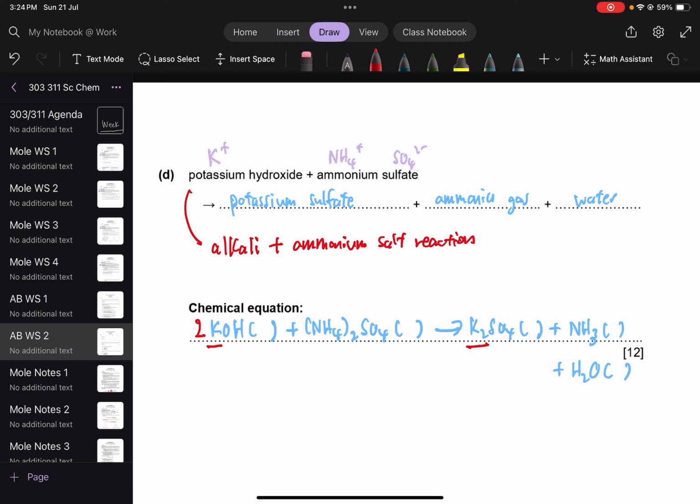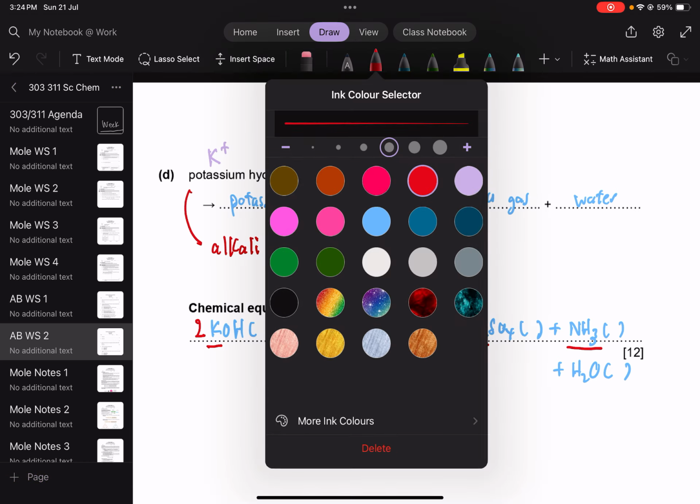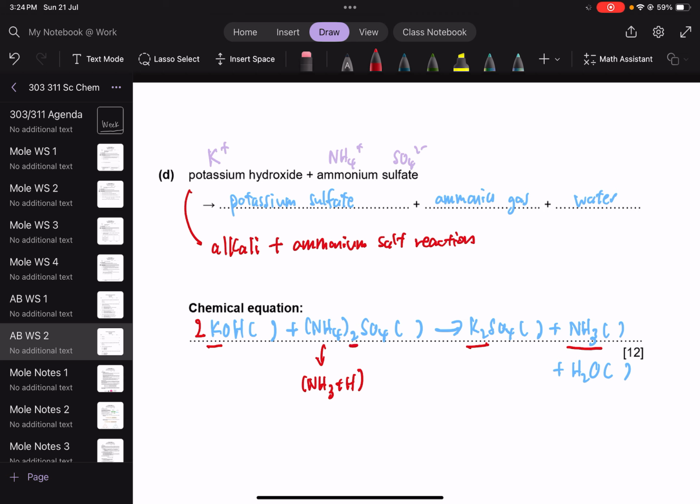Now let's look at our N atoms. So here, as you can see, there's 1 unit of NH3. And remember, in the previous question, I said that NH4, you can treat it like NH3 plus H. However, now do take note, there's a coefficient of 2 here.